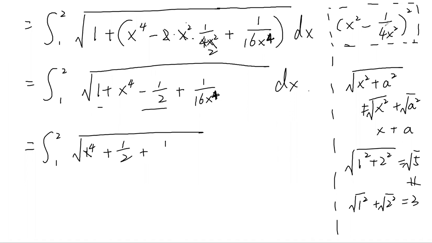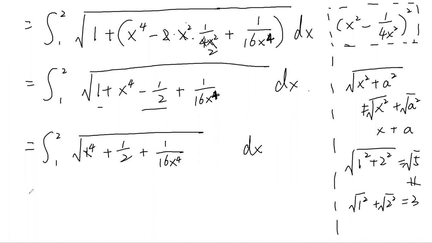Because originally it's 1 over 4x squared, so its square is 1 over 16 times x to the 4, then dx here. Note that this expression is still not simple, and I believe we don't really have a formula for this form.